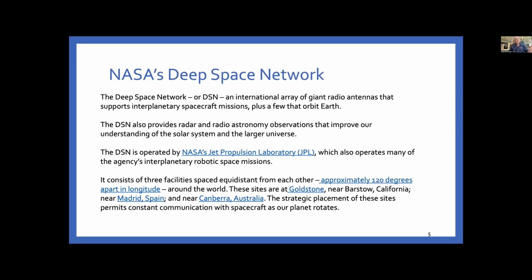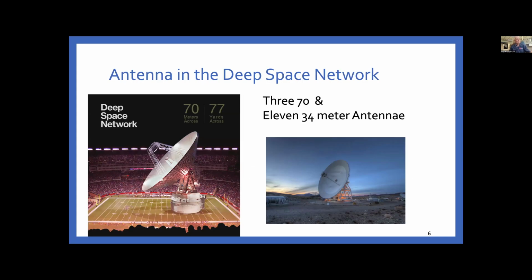So the Deep Space Network is a bunch of giant antennae around the world that are used for tracking anything beyond the moon. Basically, we have 70-meter antenna. Does my mouse actually show on the screen? Yeah.